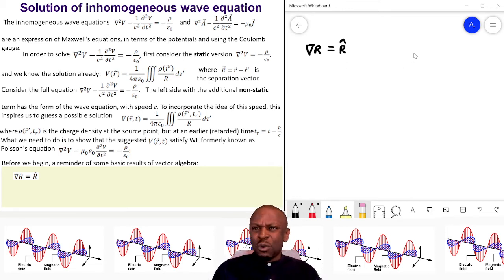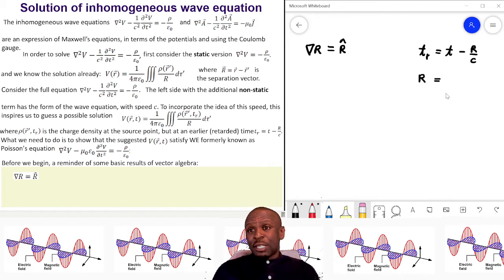But what is R? I know what the retarded time is. I've defined the retarded time as t minus R over c. Now if you want to make R the subject of the formula, what are you going to have?